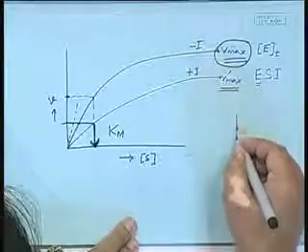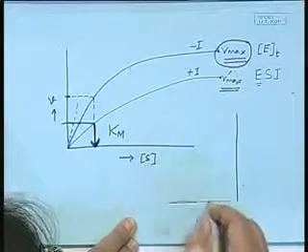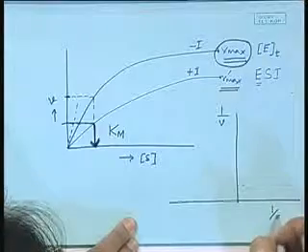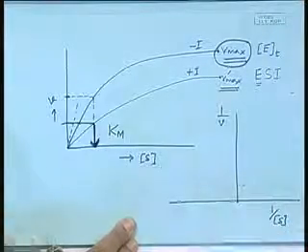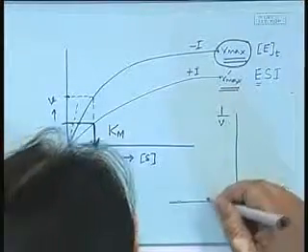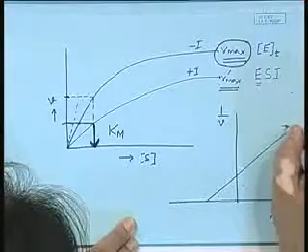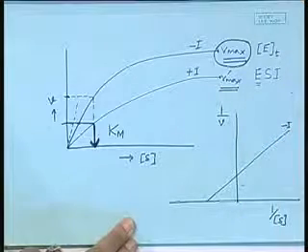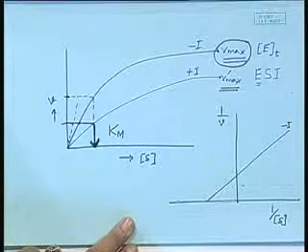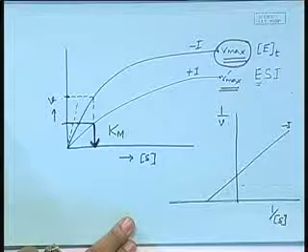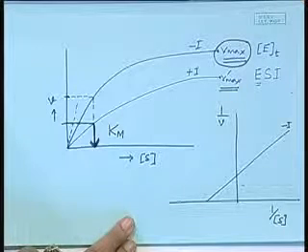So, now if I look at the Lineweaver-Burk plot, what am I going to have? I have an uninhibited enzyme, minus I. I have now an inhibitor added with the same Km.